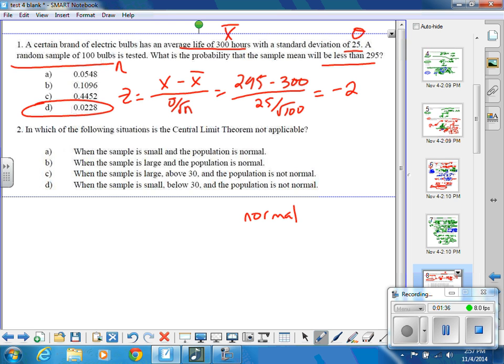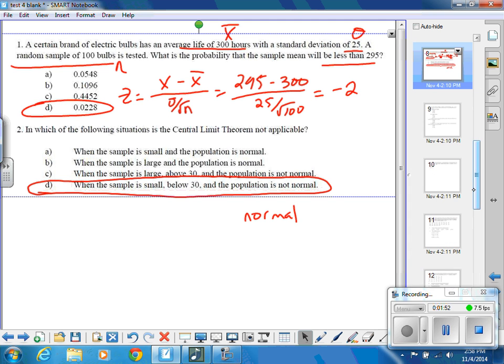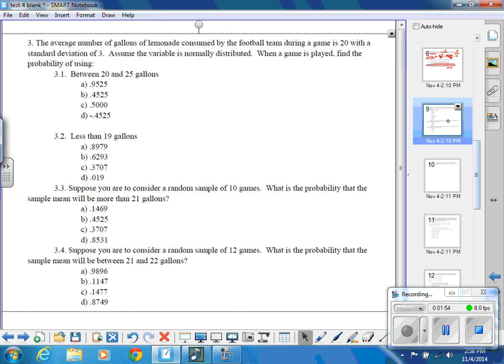If they give us a situation when the sample is small, below 30, and not normal, it's a no-go. Everything else is okay. So please be aware of that situation. Your teacher's going to give you one like that, but they might ask you the definition. Okay, continuing on, let's look at this one.